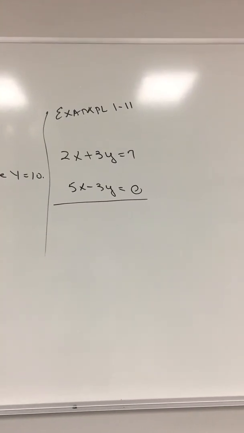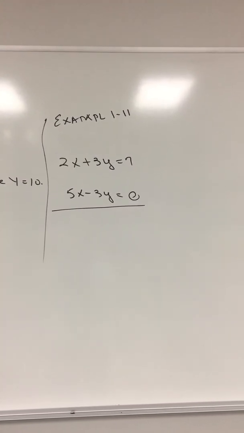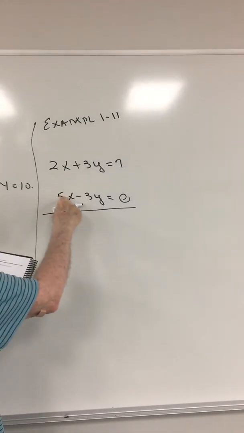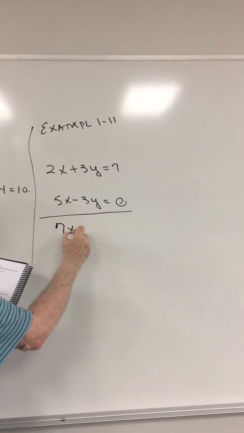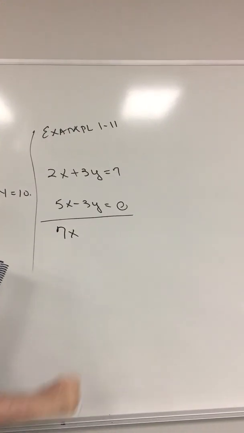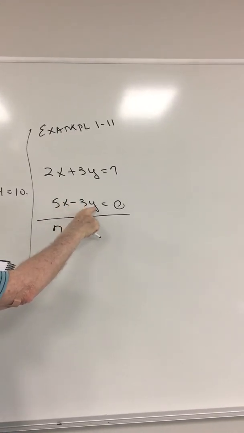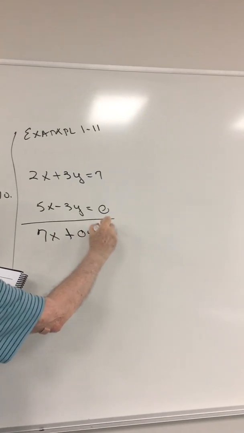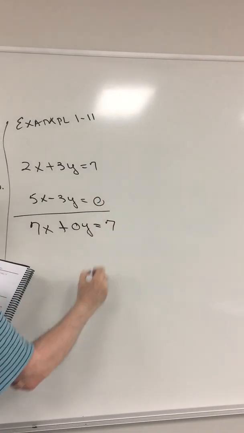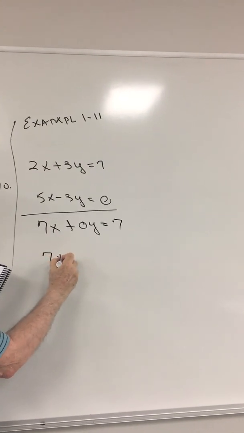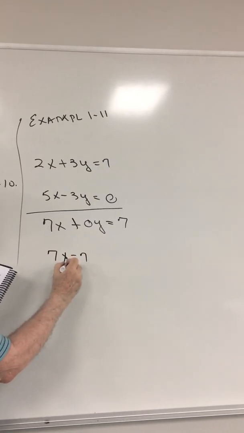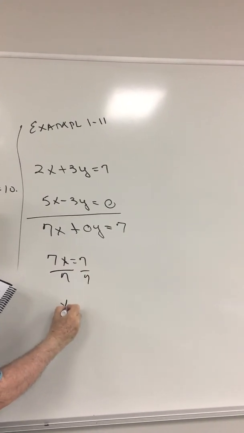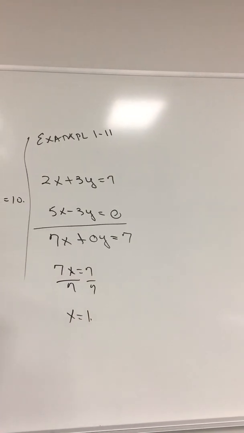Again, going back to your Math 1033 class, one way to do this is to add them: 2x plus 5x is 7x. 3y minus 3y comes out to be 0. And 7 plus 0 is 7. So 7x is equal to 7. We divide both sides by 7. x is equal to 1.